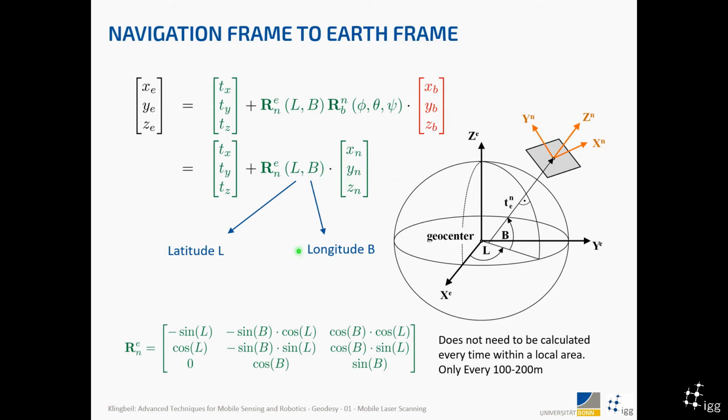Yeah, and this is a transformation, right? So this is the rotation matrix given by L and B, right? And the interesting and useful thing here is that this rotation matrix does not need to be calculated every time when you move in a local area, right?